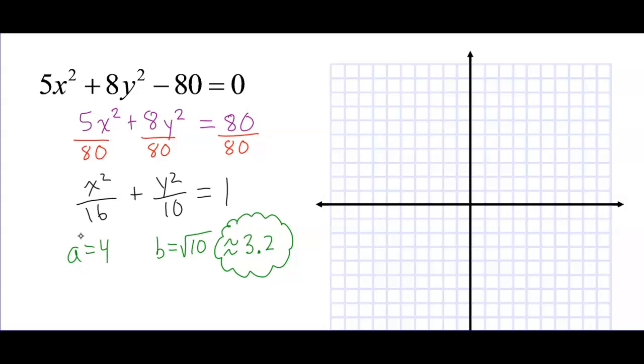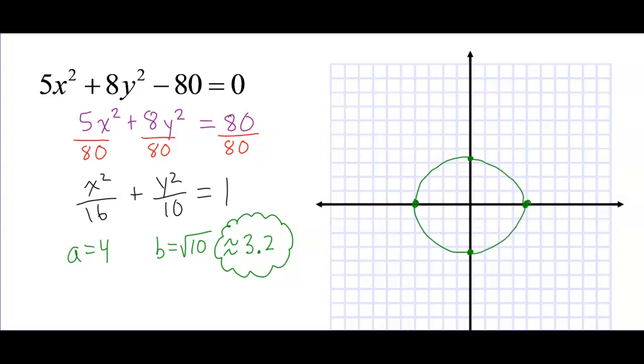The horizontal radius is 4, so we go 1, 2, 3, 4 to the left, 1, 2, 3, 4 to the right, and there's our horizontal points. Our vertical radius is square root of 10, which in our mind we're thinking 3.2. So we go square root of 10 up, about there, square root of 10 down, so about there. And then you make a nice smooth curve.